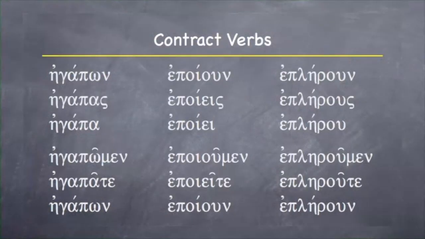And as you're going down this chart, second and third person may be a little trouble, especially for alpha contracts. Agapa, well, what's that? That looks like a nominative plural feminine noun or something, doesn't it? Well, it's a third person singular of an alpha contract. Plerous may kind of throw you a little as well. But anyway, just spend some time in the charts and get to know what you're going to recognize and what you're not.